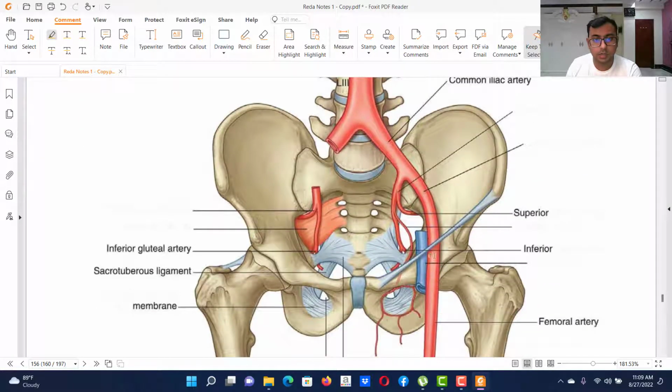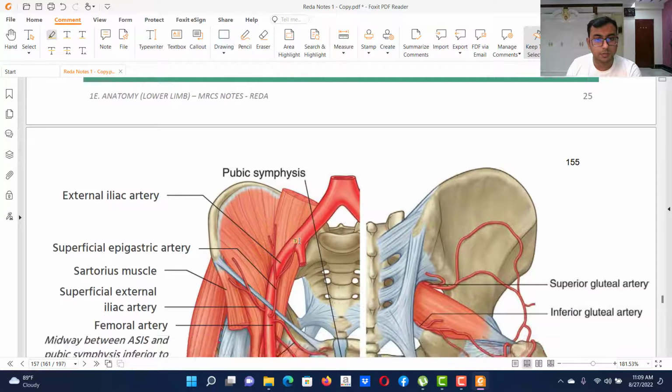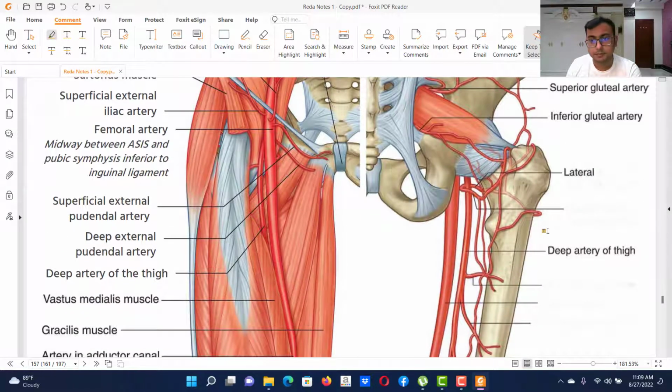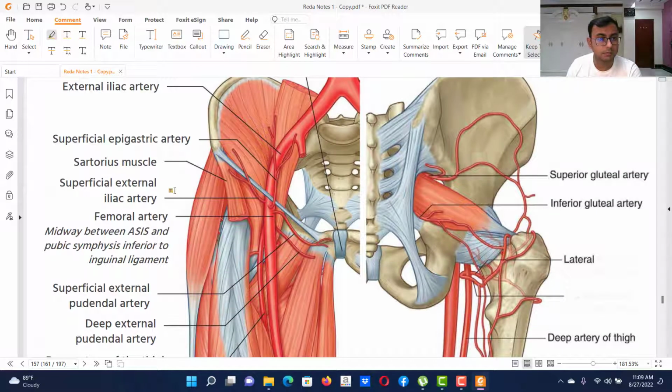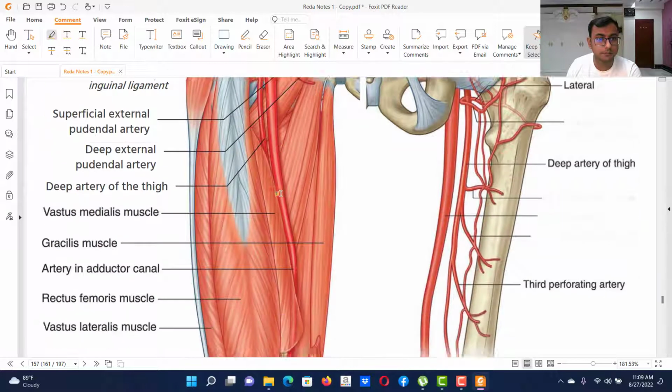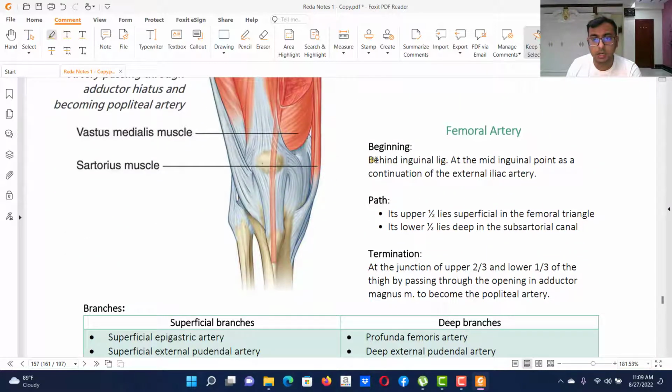Here the aorta and its branches give supply. You have to see the artery alignment here. The femoral artery begins behind the inguinal ligament at the mid-inguinal point, as a continuation of the external iliac artery.